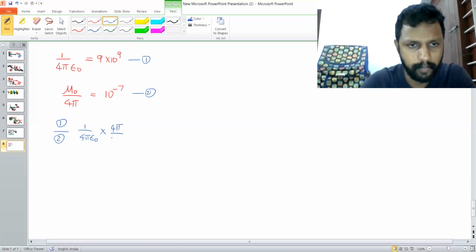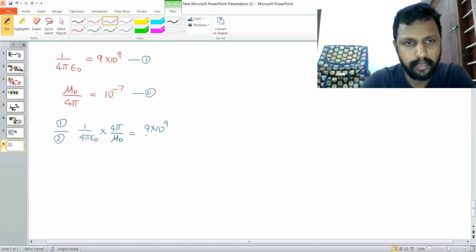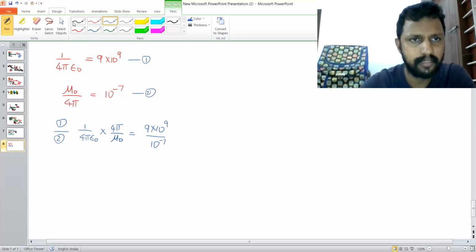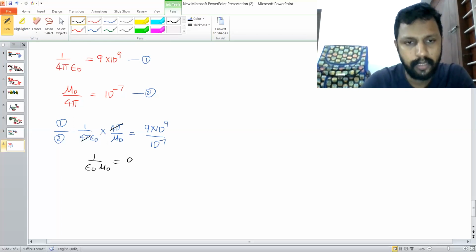That is 4 pi by mu 0 is equal to 9 into 10 raised to 9 divided by 10 raised to minus 7. In this case, we can cancel 4 pi and 4 pi. Then it will be 1 by epsilon 0 mu 0 is equal to 9 into 10 raised to minus 7 will go to the numerator and it will become 10 raised to 9 plus 7. That is 10 raised to 16.